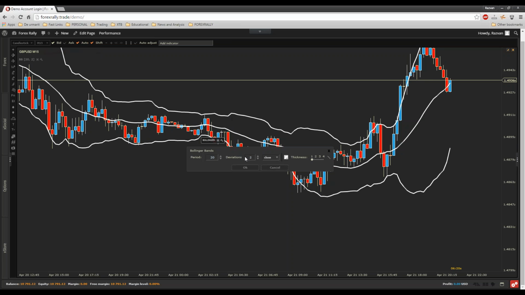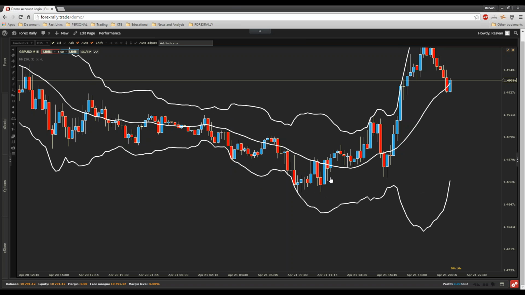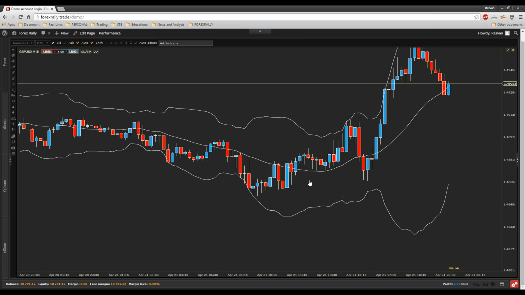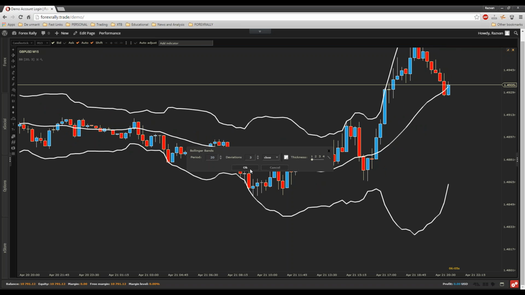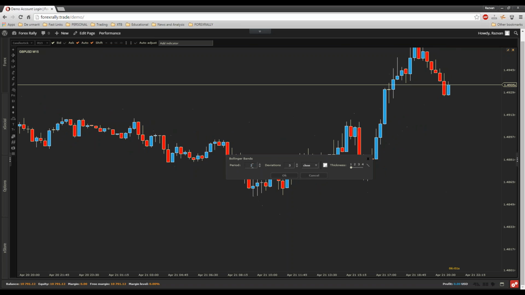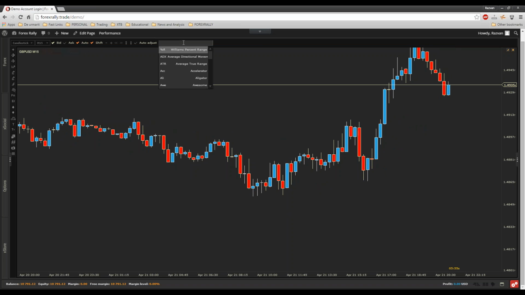Now, from my experience with this indicator, the best customization of the Bollinger Bands up until now was 21 periods, and it doesn't depend on the time frame. Now we are having a 50 minutes chart, 20 with deviations of 3. What happened?